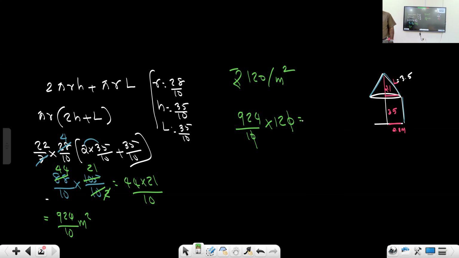Square meter means meter square, no? 11088 rupees.